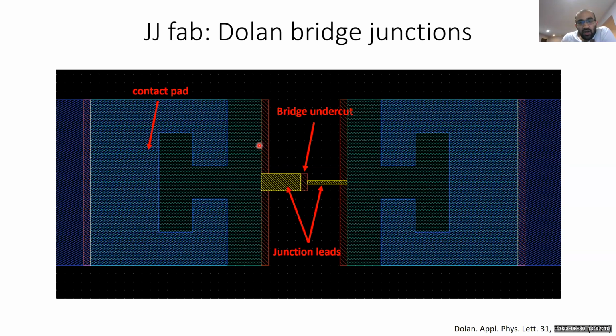The other feature I want to note here is this notch shape that we patterned in our capacitor fab. This essentially serves as a universal contact geometry, such that no matter which angle you're depositing at, you will always deposit on a sidewall of your capacitor metal.